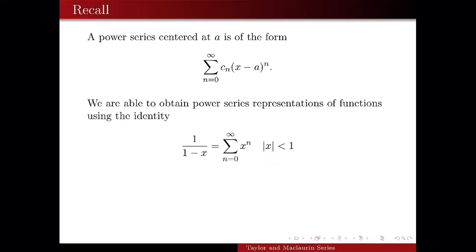We got some functions that are represented by some power series. And the equality of the function and the power series is only true given a situation similar to this. Okay?